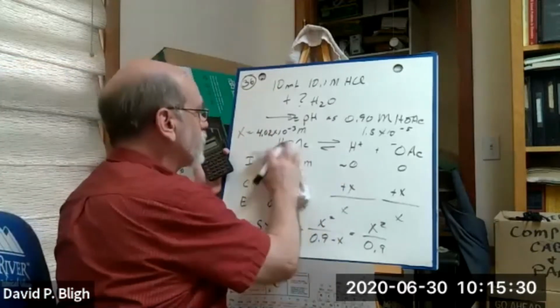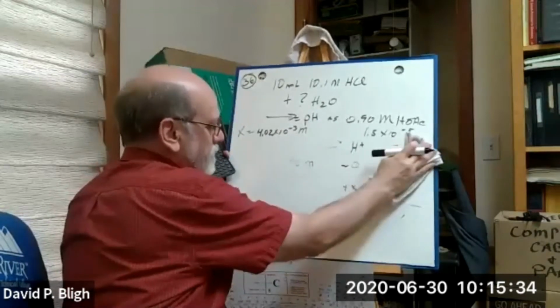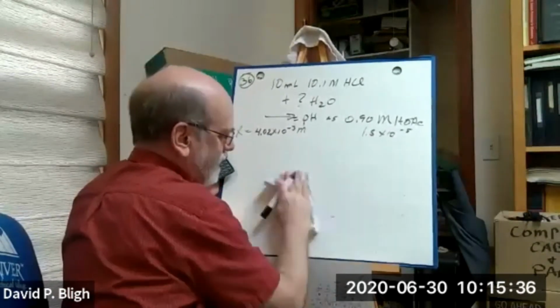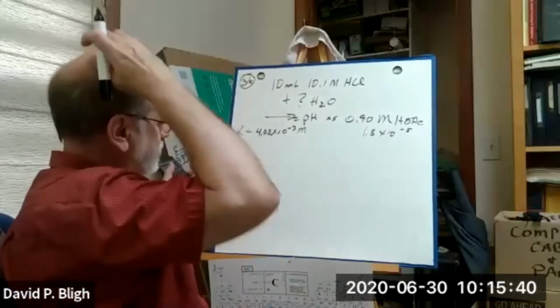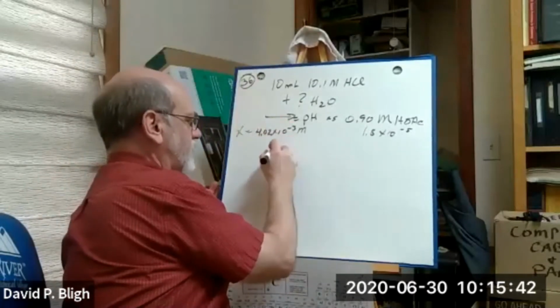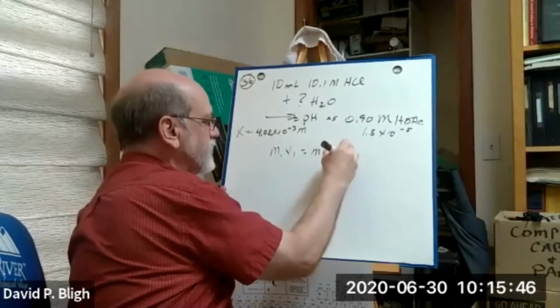All right. So in order to do that, we have to erase all this. And remember how to do dilutions? All right. M1V1 equals M2V2.